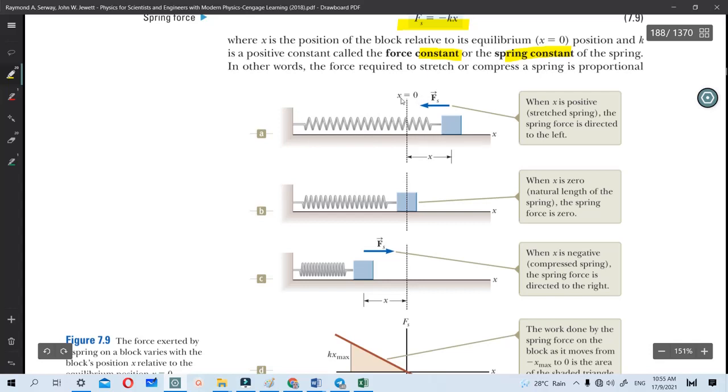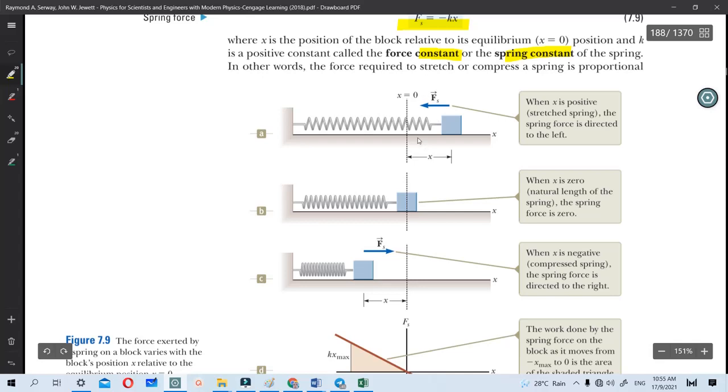Meaning it wants to settle stably. This is where it should be, but you disturb it. So what happens? When you release the spring, it will tend to pull the mass together with it back to the equilibrium.